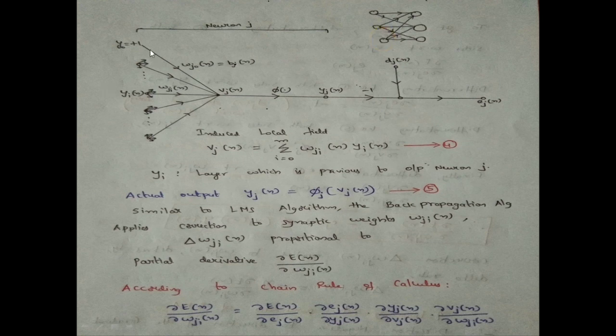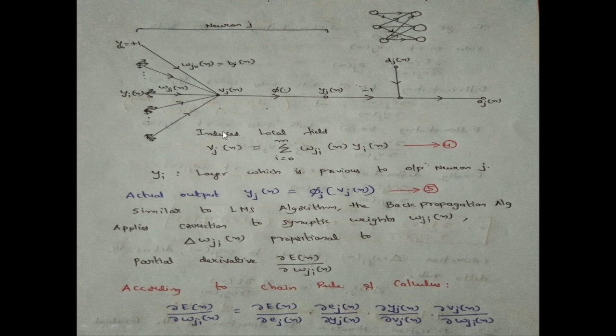These lines depict the outputs from the neurons in the previous layer. The output from this particular neuron is going to the neuron j, and also parallelly it will be going to the other neurons in the next layer. For this reason we have drawn arrow marks like this. One of the outputs is going to neuron j, and the other signals will be going to the other neurons.